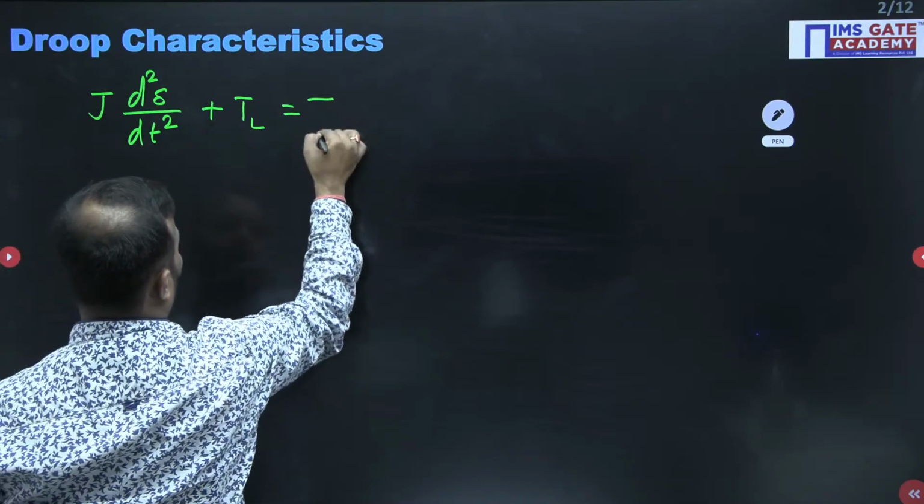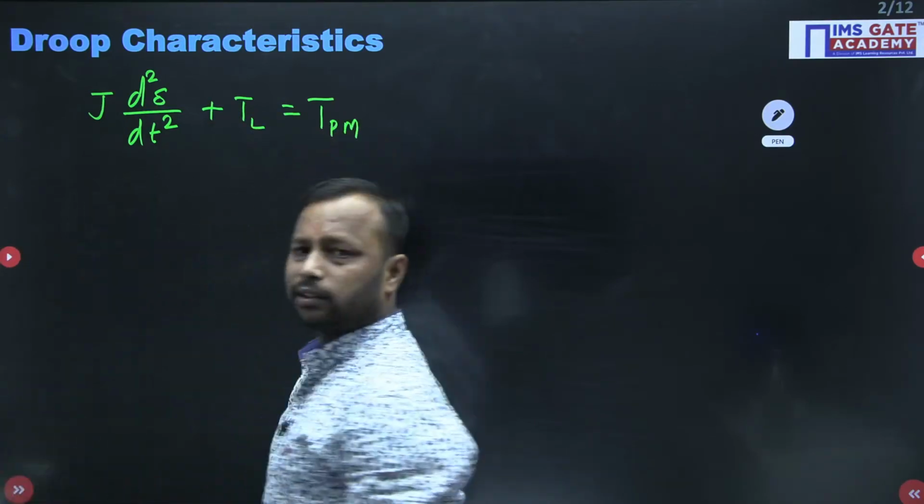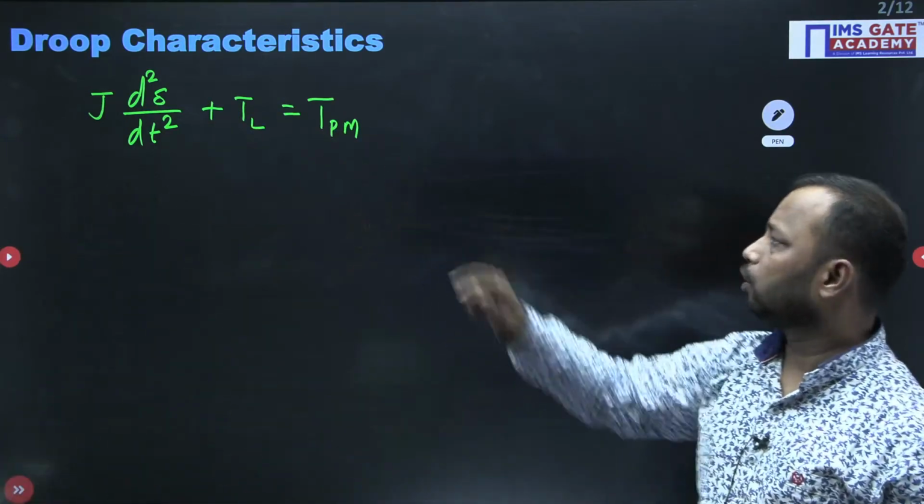This is equal to the load torque plus the prime mover torque. So this is the dynamic equation of your generator.